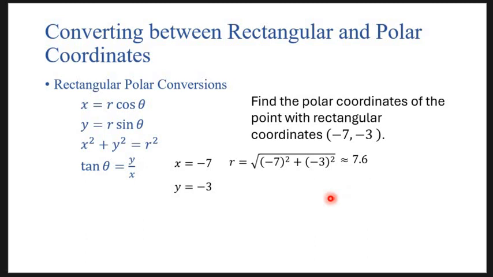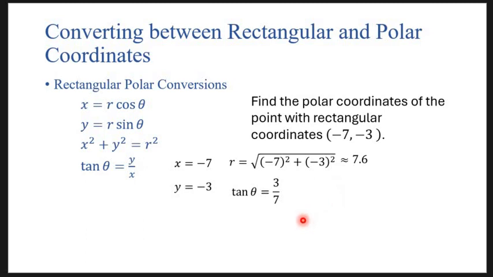The other thing I have is that the tangent of theta is y over x, which says that the tangent of theta would be 3 over 7. -3 over -7, the negatives cancel. Now, because this point is in the 3rd quadrant, the arctangent function is not going to give me this specific angle.